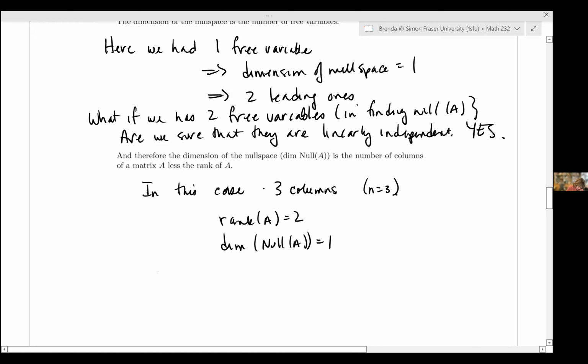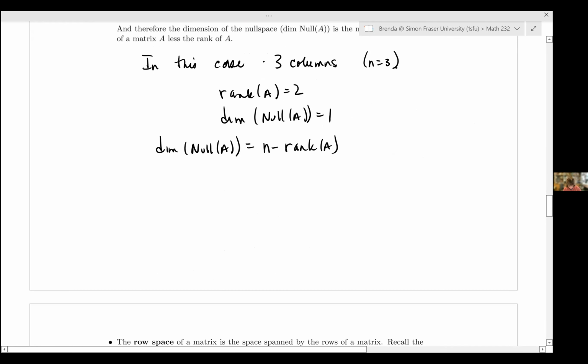So the dimension of the null space of A is n minus the rank of A. Now, this is of course not a proof by any stretch. It is true in general, and we will state it as a theorem within minutes. When something is a theorem, it applies to each individual example, so I'm just showing you in this example that this relationship holds.